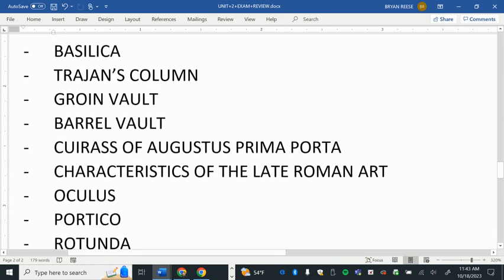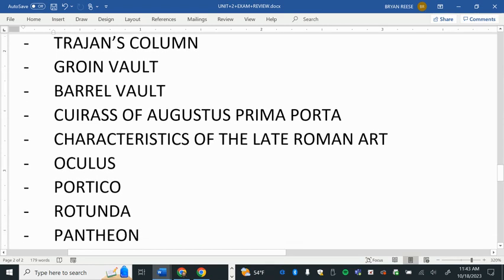All right, these 4 go together. The oculus, the portico, the rotunda, and the Pantheon. Everybody knows what the Pantheon is, right? You should know what the Pantheon is. What's the main feature of the Pantheon? Starts with a D. The dome, all right? It's that temple that has the dome. The oculus is the hole at the top of the dome. The portico is the front entrance area.